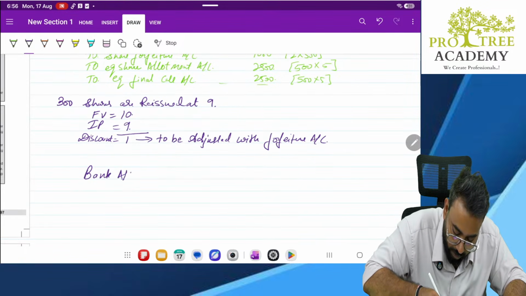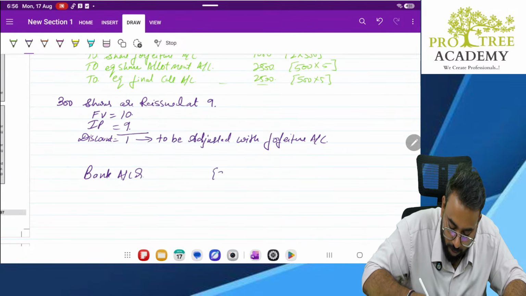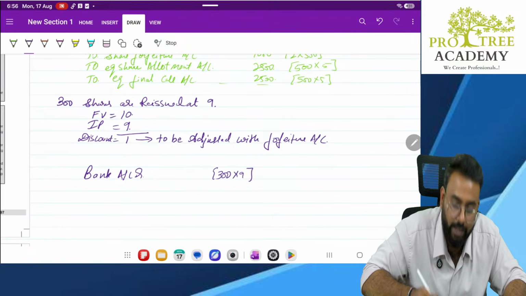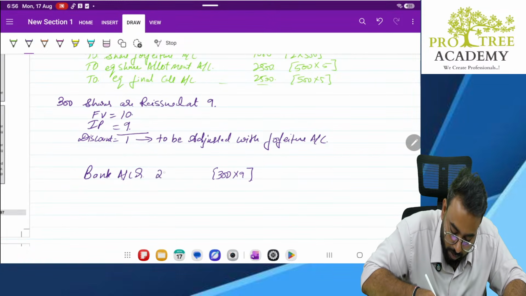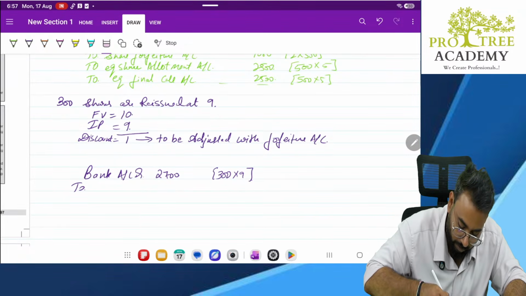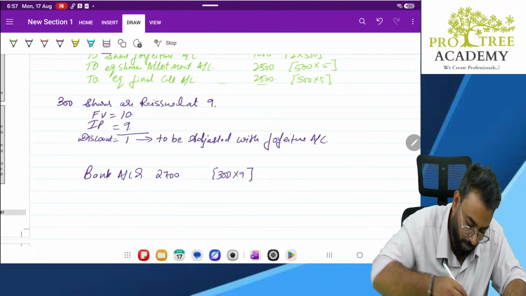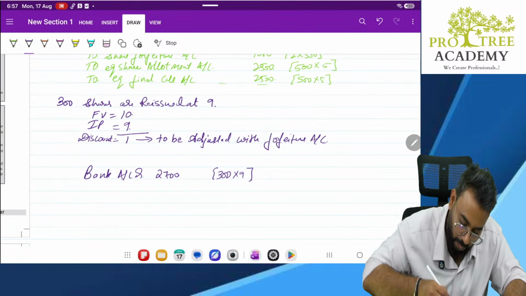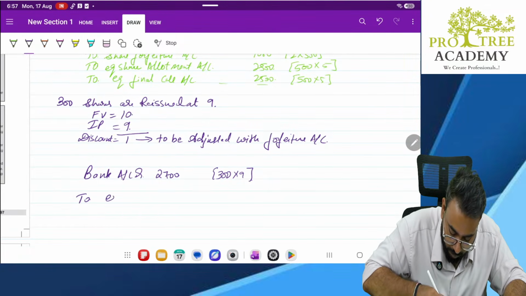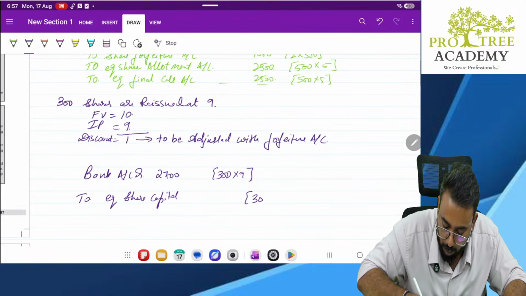Bank account debit, because you are receiving money in the bank. How much? 300 into 9, so that will be 2700. Equity share capital, always multiply it with the nominal value.